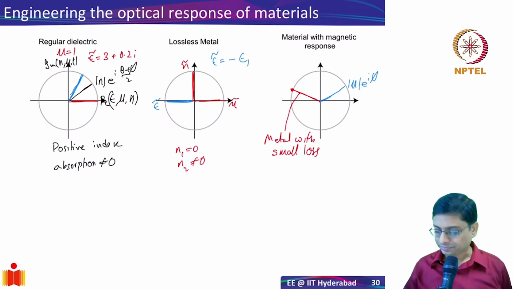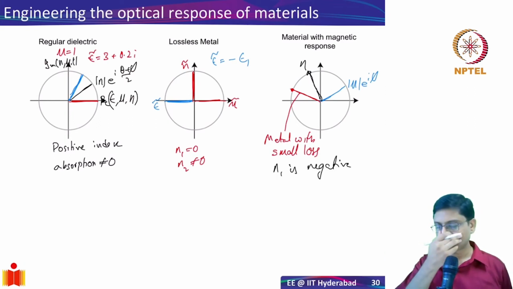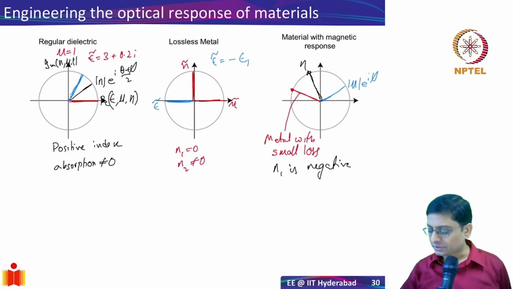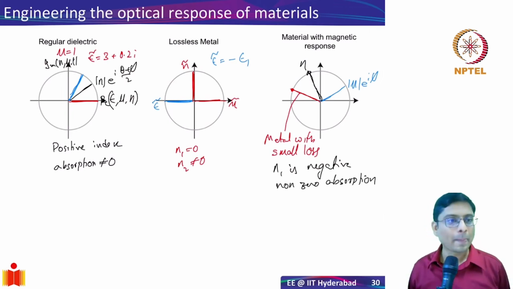Now again, you just have to look at the angles and then come up with an average. So it will be something like this, roughly. So my index n now, n1 is negative. And of course, there is non-zero absorption.